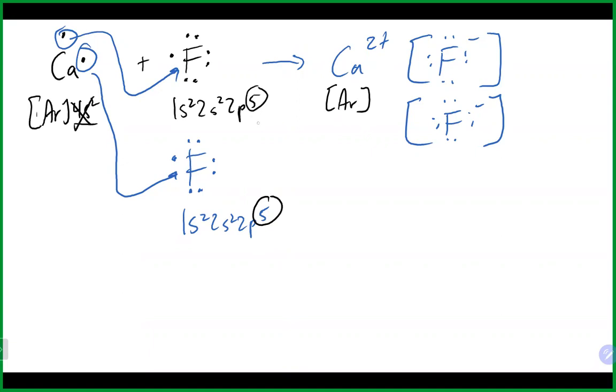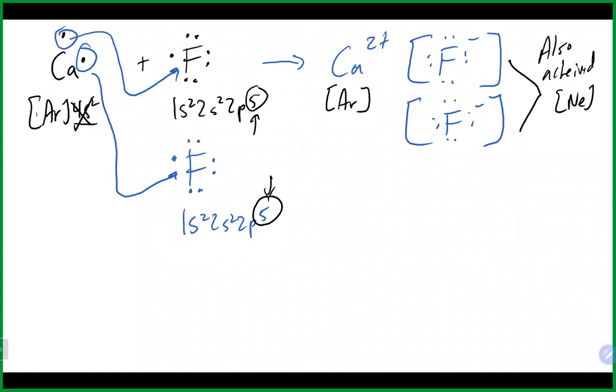So 1 gained an electron there, 1 gained an electron there, which moves each of those fluorines to 10 electrons. So each of these also achieved neon's configuration. So all 3 of those things have basically reached the noble gas configuration.